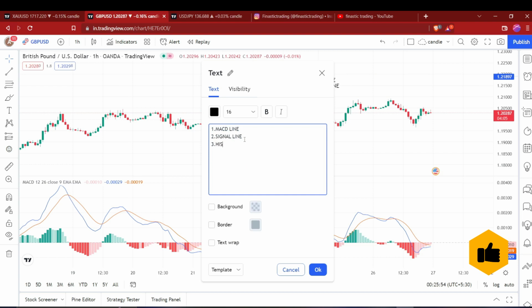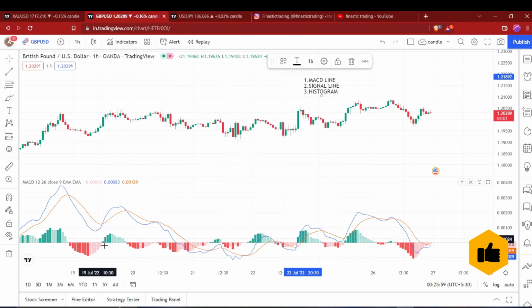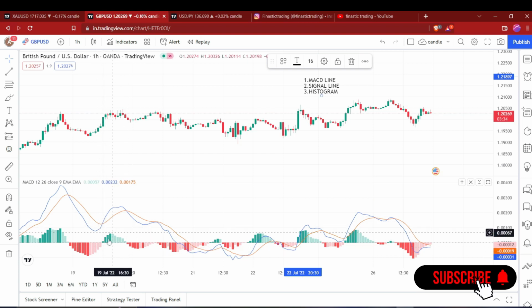Then comes the histogram. The bars which you can see here, the green bar and the red bar, are called the histogram. There are two kinds. One is green in color, one is red in color. Whenever the blue line, the MACD line, crosses the signal line, the orange line, from below, the histogram will turn green.